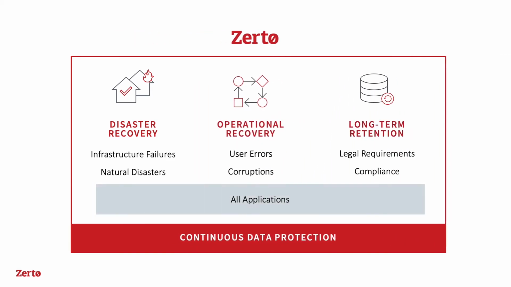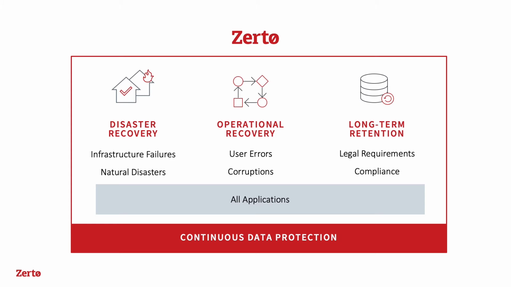As we've continued our development since Zerto 7, where we converged DR and backup, at Zerto, we've extended data protection, our continuous data protection, across all application tiers, meaning that you can use the same platform, the same solution for your most critical applications, but also the rest of your applications and data in your environment. So this spans from disaster recovery to operational recovery and long-term retention, solving for backup use cases and implementing a strong data protection solution using the same technology.